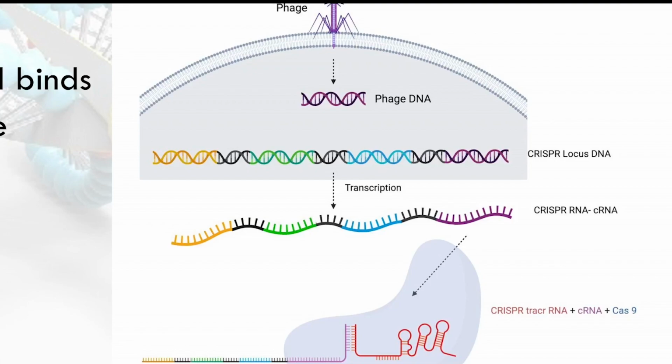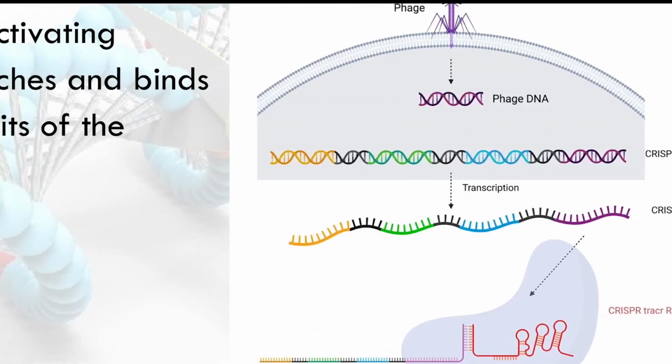We can then put that together with the tracer. The tracer is the orange section inside. We combine that with our CRISPR RNA and our Cas9 molecule. The Cas9 molecule is an enzyme, and we'll get to that in a second.